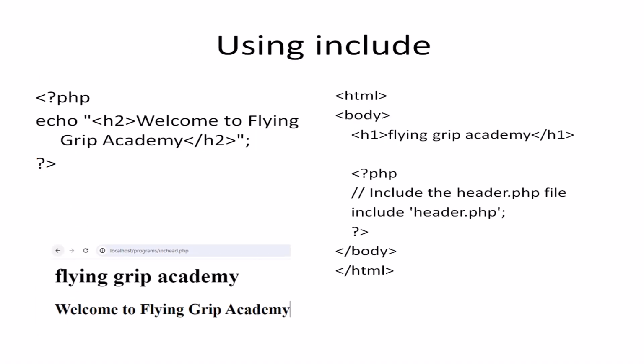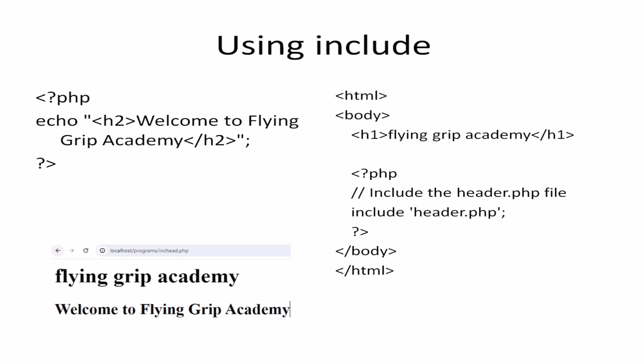So next one is using the include and require tags. Basically, if you are having a header, footer, and so on, you can divide the web page into different parts, such as header, footer, left side, right side buttons, navigation bar, and all like that, and we can use them by using the include tag.